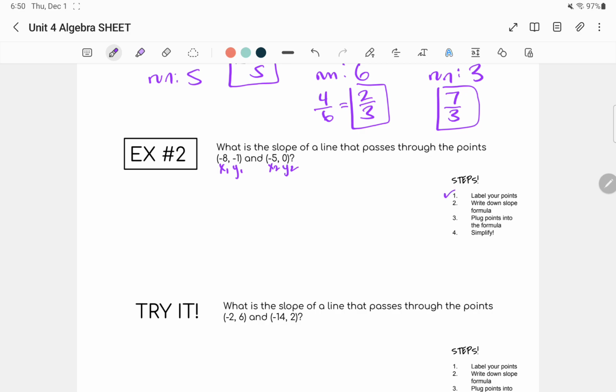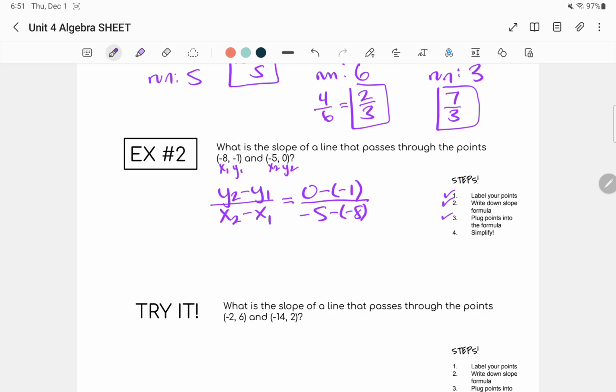So I've labeled my points. Now it says write down my slope formula. That would be y2 minus y1 over x2 minus x1. Now I'm going to plug points into the formula. y2 is 0. y1 is -1, so I'm going to subtract -1. x2 is -5 minus, and x1 is -8.